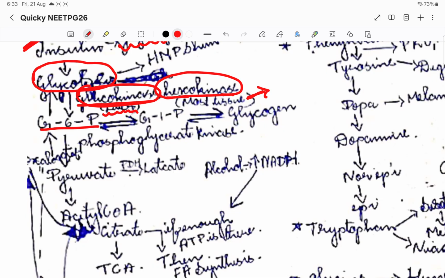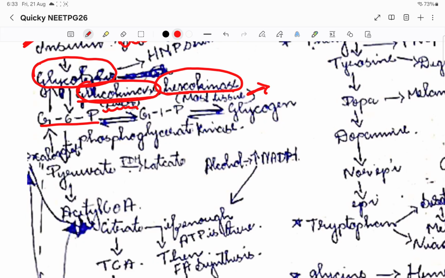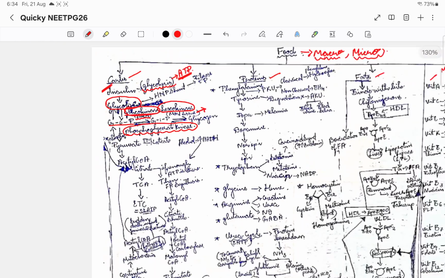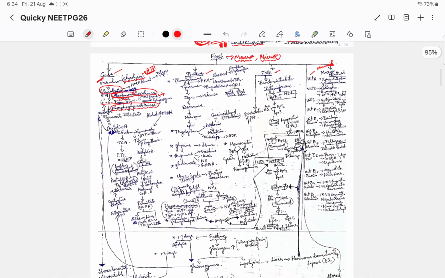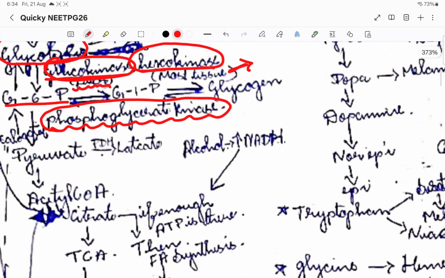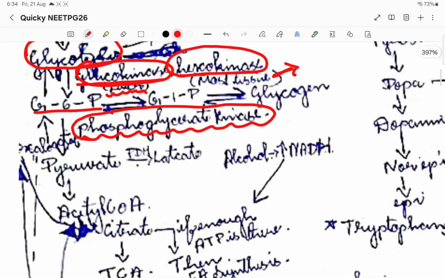Now glucose 6 phosphate will go into the glycolysis process through an enzyme called phosphoglycerate kinase. Only the enzymes I tell you to remember, please note them down, else any other thing you need not remember. See, this entire chart I am giving to you, so note down only what I tell you, and everything else you need not take down.